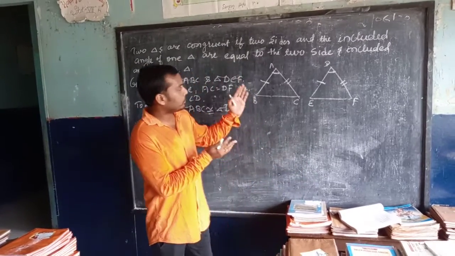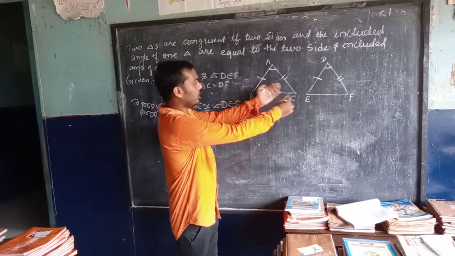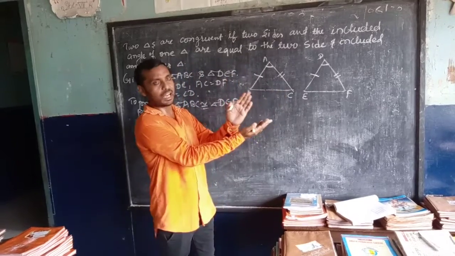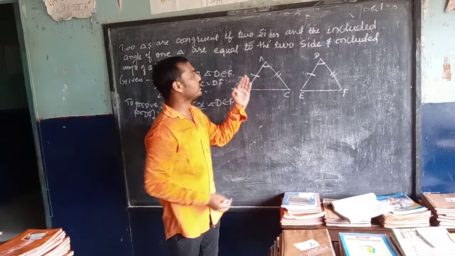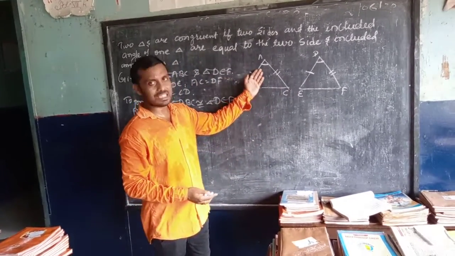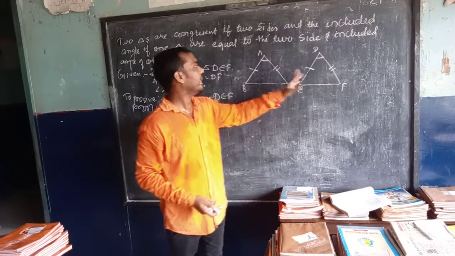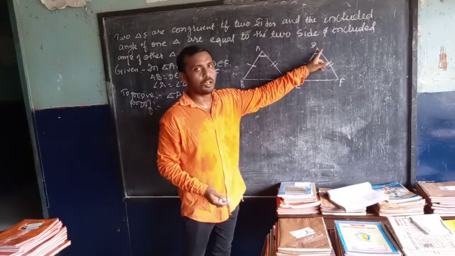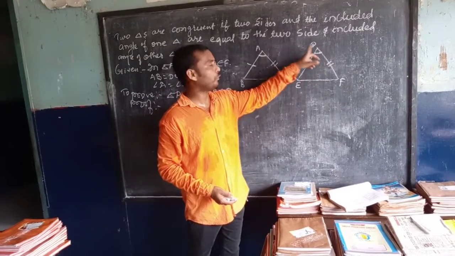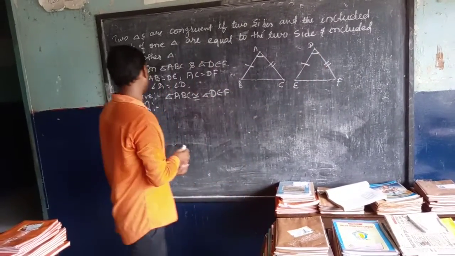We will take a triangle ABC. Suppose we have taken triangle ABC in our hand, and we will place this triangle ABC over triangle DEF in such a way that the vertex A falls on D. We will write it that.